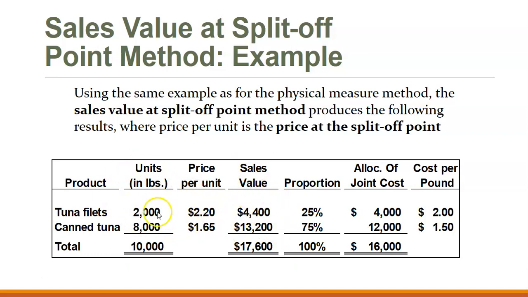So if we sell 2,000 pounds of tuna fillets at $2.20 per pound, we have sales value of $4,400. This gives us a proportion of 25% and 75%. So unlike the physical measures that were separated 20% and 80%, we would allocate based on their eventual sales value. And then that proportion changes to 25%, 75%.